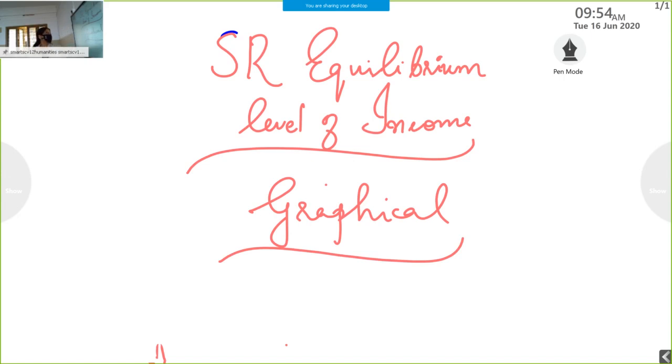If in the question they mention graphically, you have to explain graphically, then only you have to give graphical representation. If they mention explain with schedule or with numerical, then only you have to take that tabular presentation. If nothing is mentioned, you have to do any one, either graph or schedule.